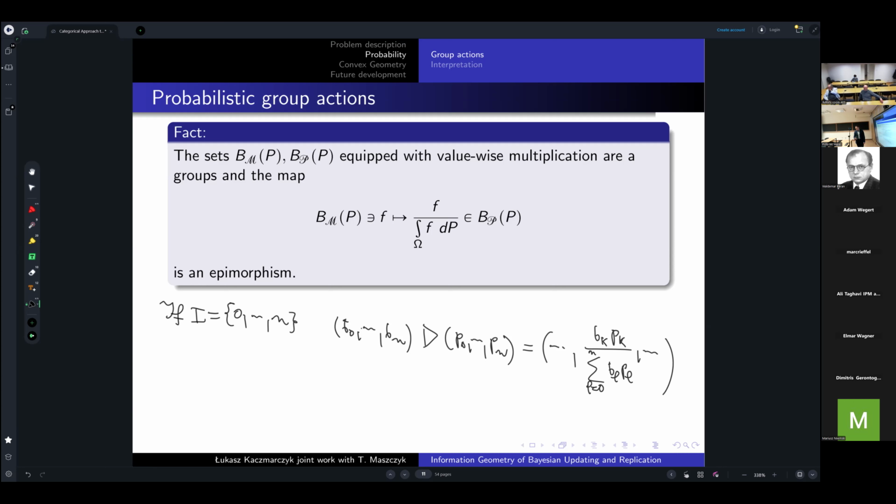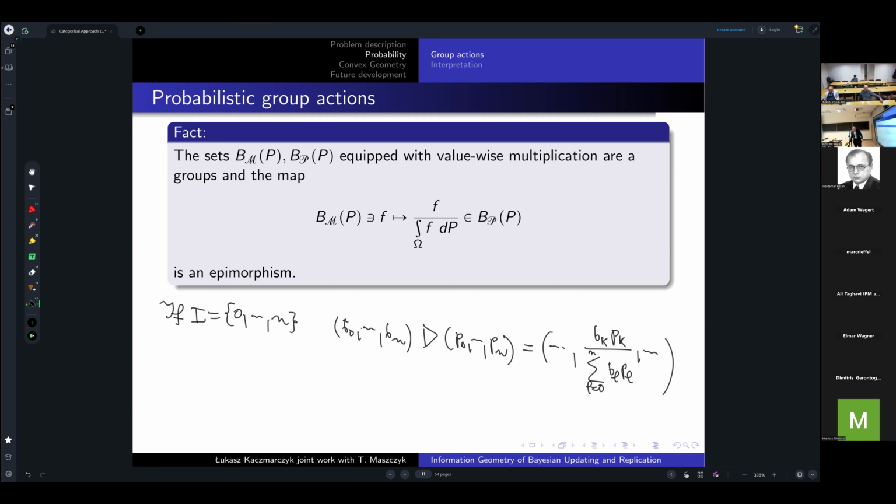In a moment, we'll see how it is connected with the usual Bayes theorem, but let us come back to our fact.